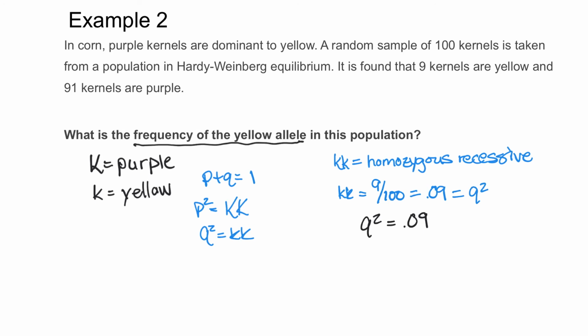I don't know why these things keep popping up. Sorry about that. So let's do that. Square root, and so now we have Q equals 0.3, which is the square root of 9. And so our frequency of the recessive allele is going to be 0.3. We can also write that as 30% if they ask you for the percentage. And that's very crooked. Sorry about that.